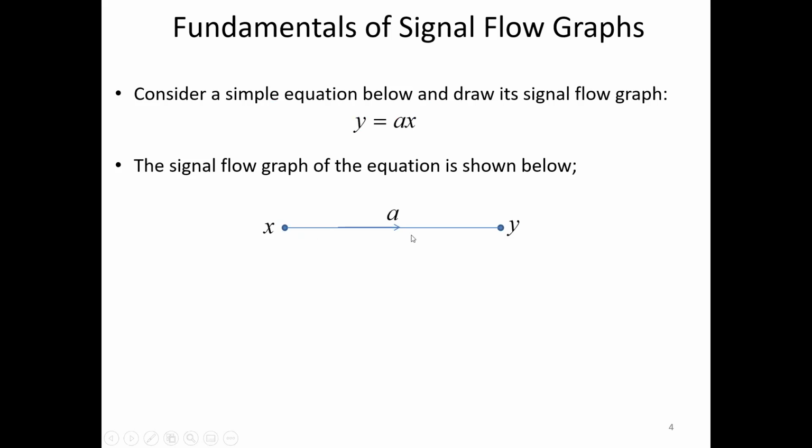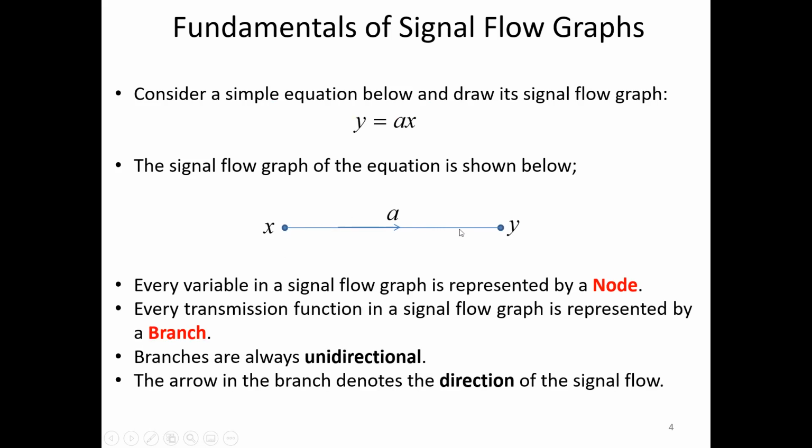So input node I have, output node I have, and I have connected these two nodes with a branch, and this branch is having a gain a. That means by the time I reach y, I'll be having a signal which is equal to x into a. So this is a very simple representation of a given equation, which consists of two nodes, input node, output node, and a branch with a gain a.